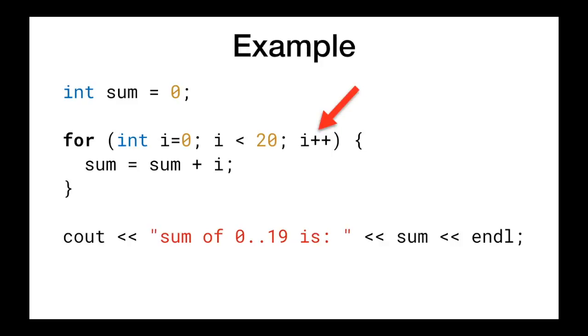So this continues for a while until the time when i is 19, and the code block finishes and sum happens to be 190, and the post statement runs and increments i to 20. The condition expression then tests if 20 is less than 20, which it isn't, so the code block doesn't run and the loop is complete. So the next statement after that is the C out line. So it prints out the sum of 0 to 19 is 190.